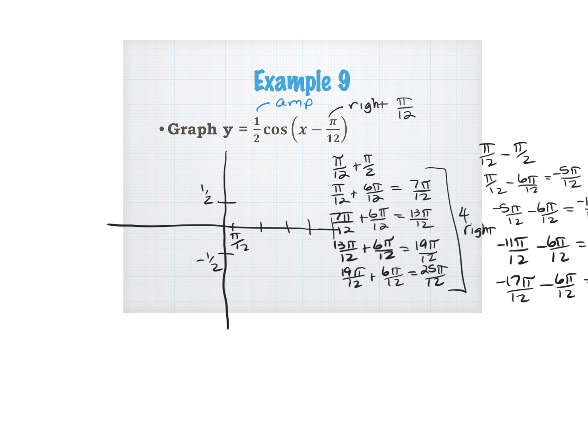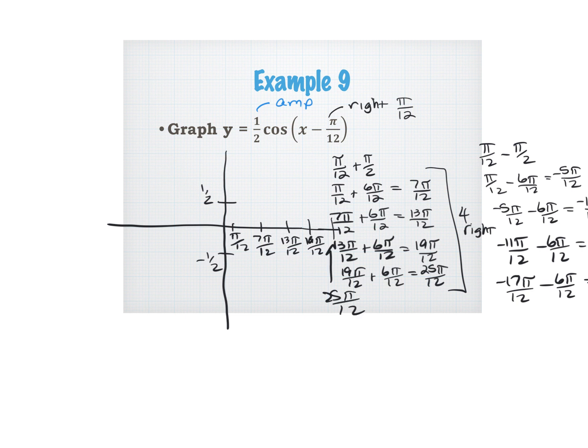And then one more right here. It's kind of close. Okay, so this is 7 pi over 12, 13 pi over 12, 19 pi over 12, and this last one that is sort of crammed in is the 25 pi over 12.